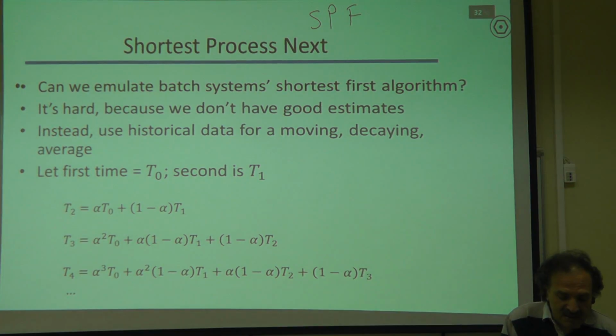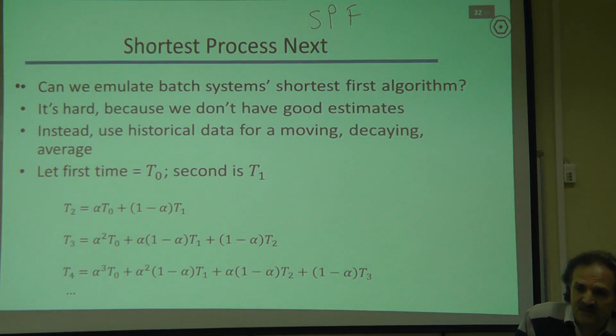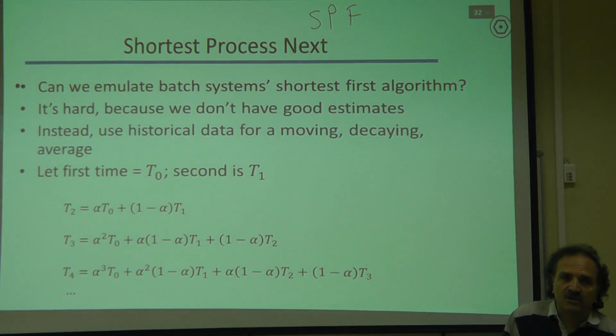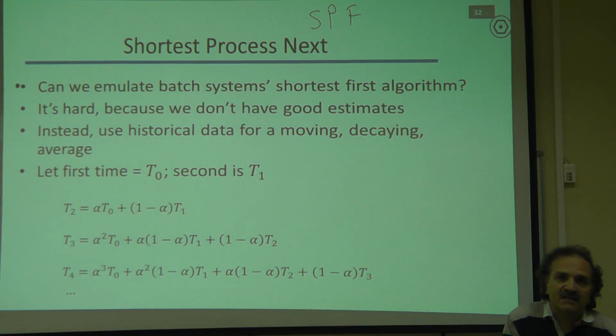The problem here is that in the mainframe systems, with the batch systems, I most of the time know how long it's going to take for a batch job to run, to complete. For the interactive systems, it is difficult to know because the processes are so small and they can change with the parameters and so on. So what they do is measure how many seconds it took for that process to run last time.